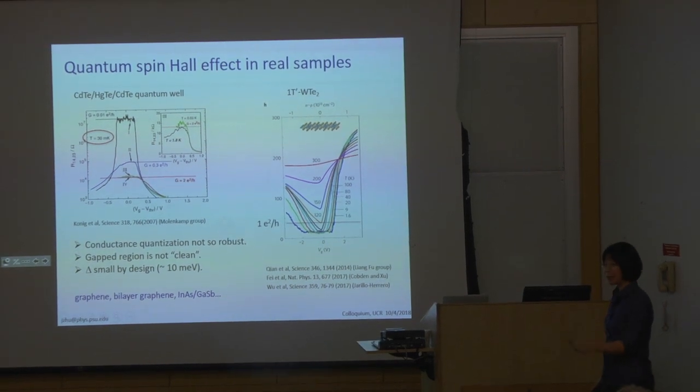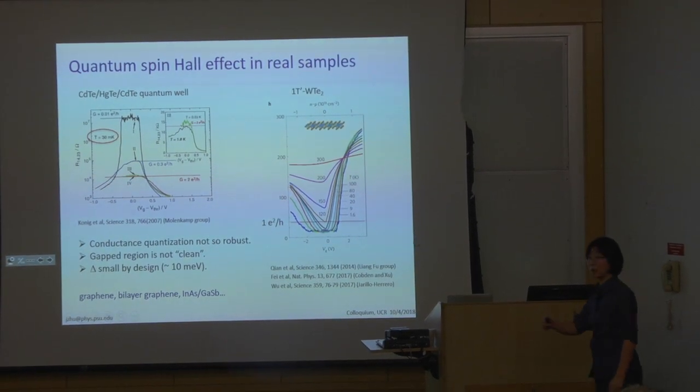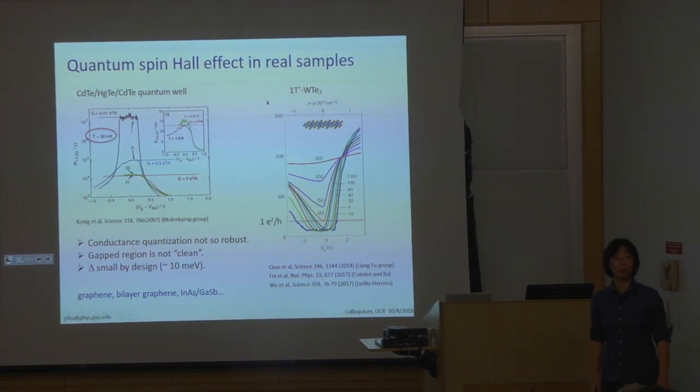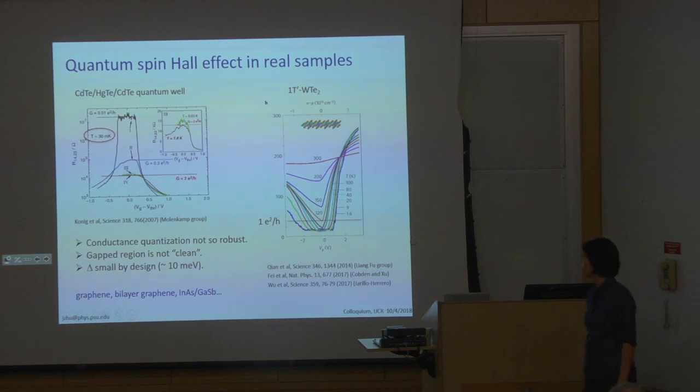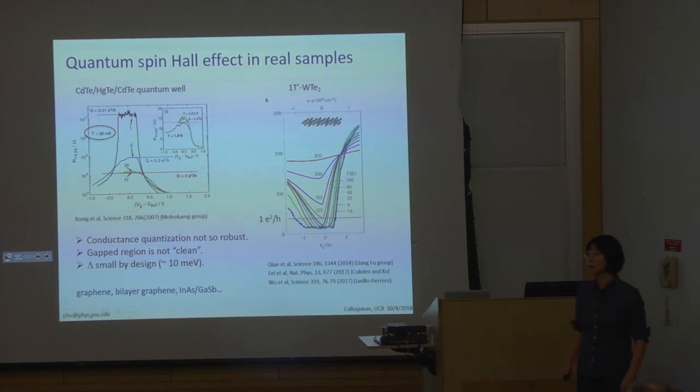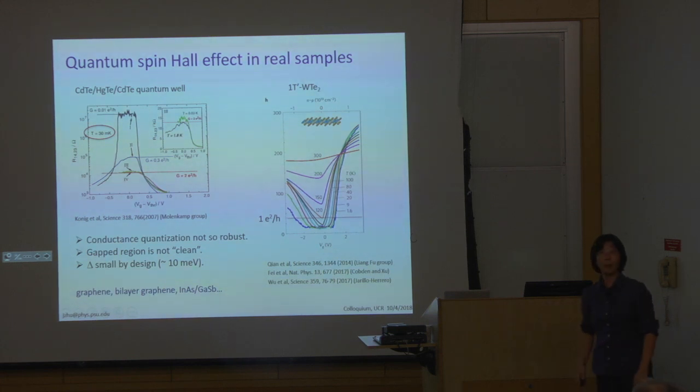So exactly what is doing that is an ongoing question. But there are some clues that we can already learn from the existing investigations. And we know that in order to make these states robust, you want to open a large band gap. And these systems have a gap that's given by, let's say, the spin orbit coupling.